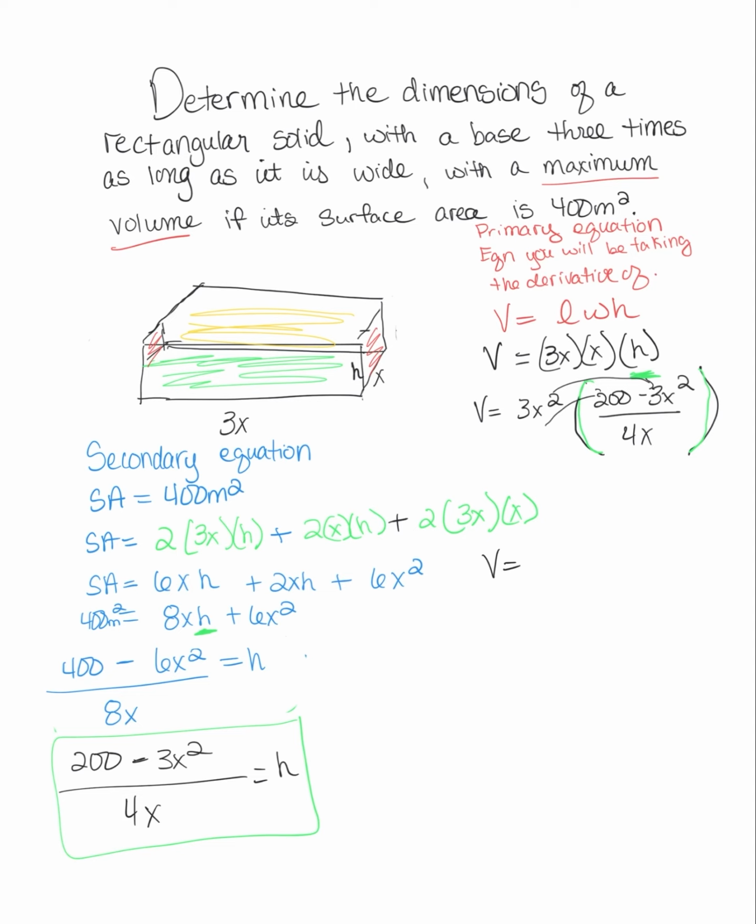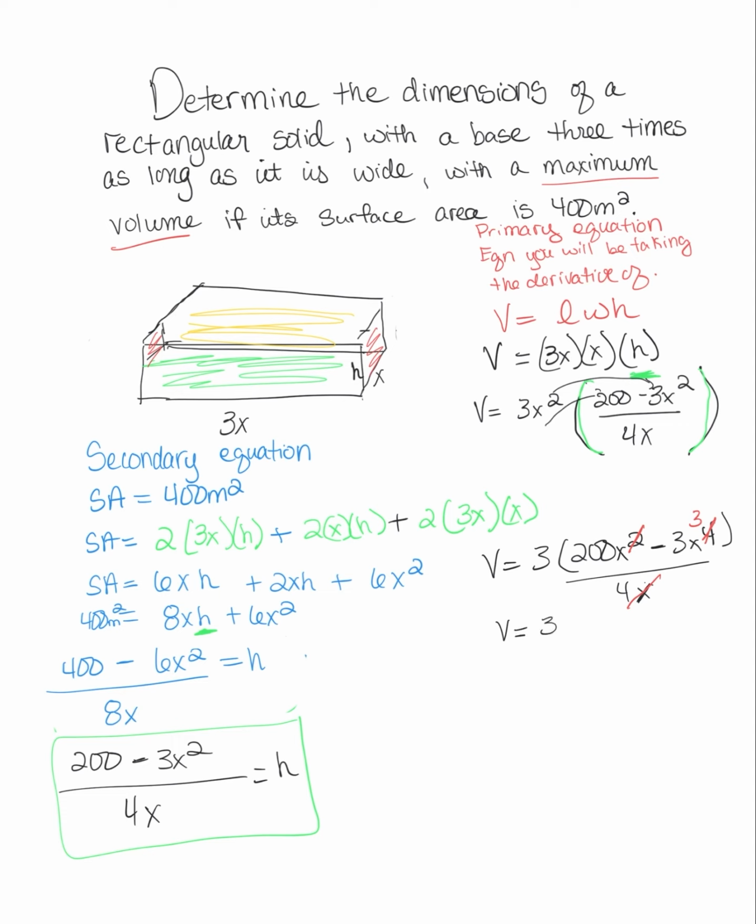So we have 200x squared minus 3x to the 4th divided by 4x. Now I can take this x and cancel it away, and then that'll leave me with 1x there and 3x's there.